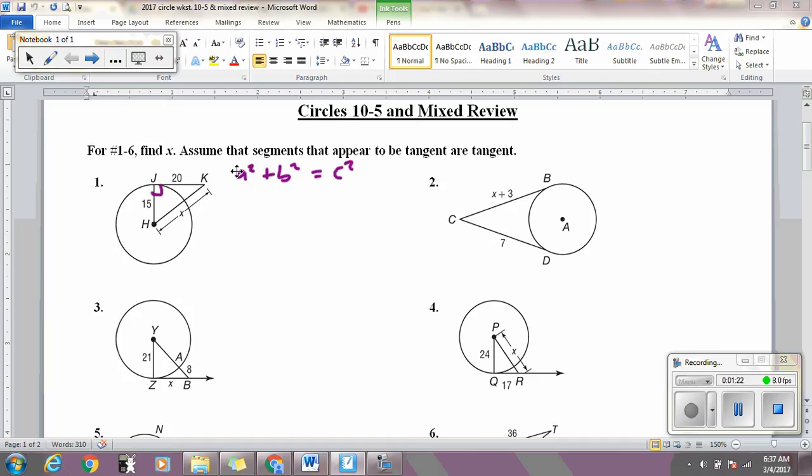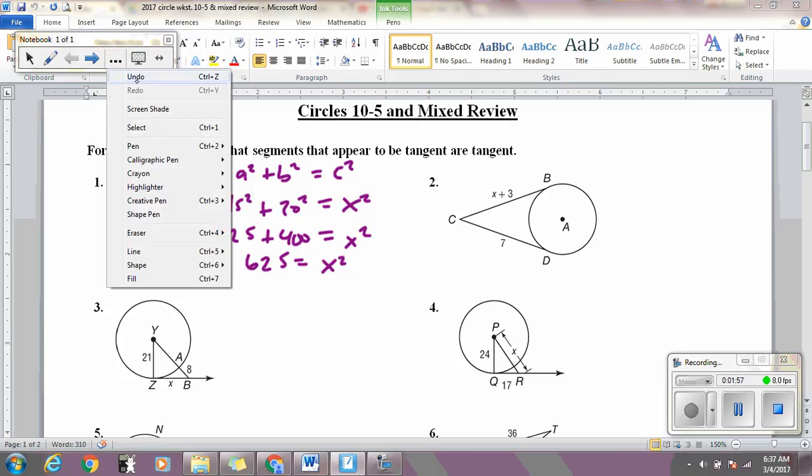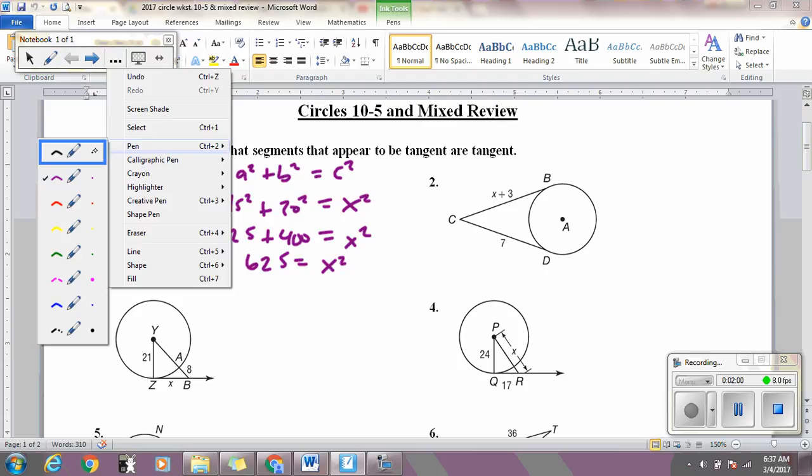So on this picture, c is x. So that means a and b are 15 and 20. So 15 squared plus 20 squared is equal to x squared. 15 squared is 225. 20 squared is 400. And this is simply just x squared. Combine 225 with 400, you get 625 is equal to x squared. And the only way to get rid of your power of 2 is to take the square root of both sides.